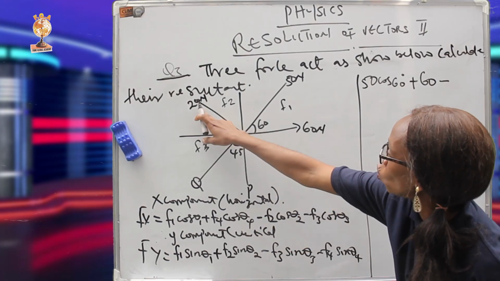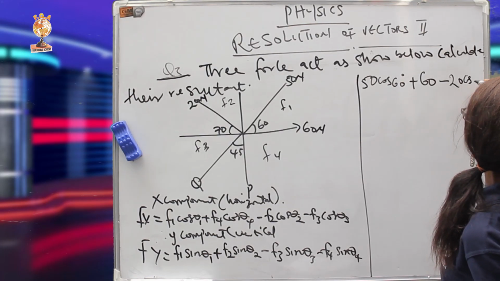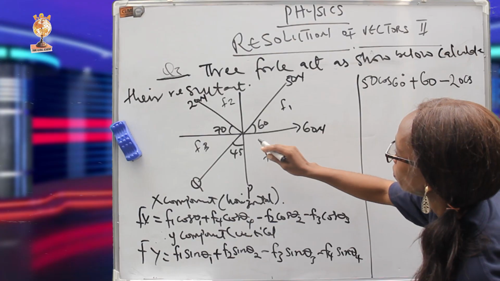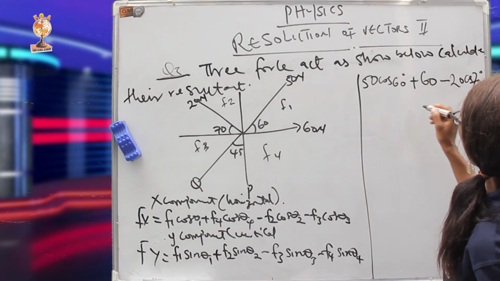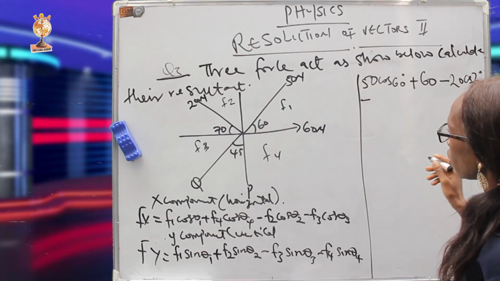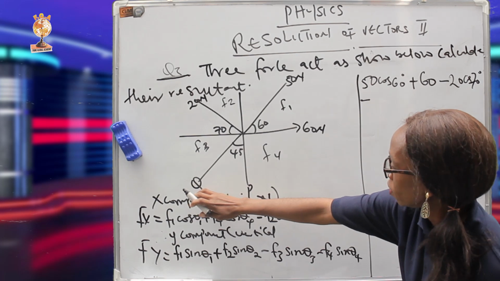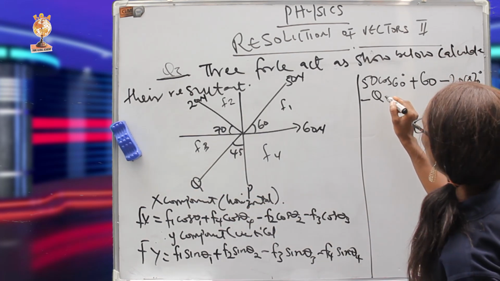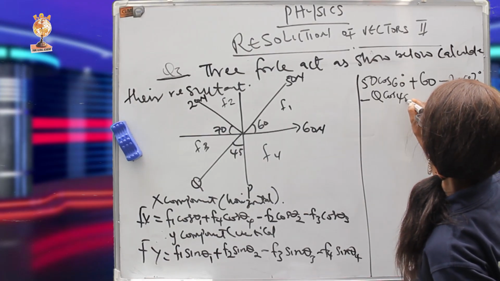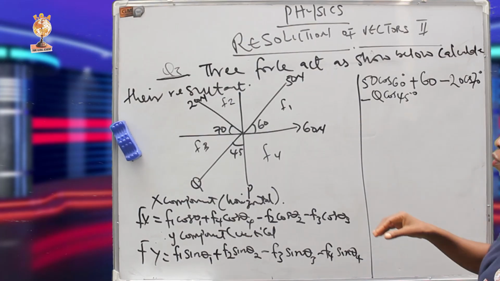Minus F2. What is our F2? 20. F2 is 20 cos 70 degrees, minus F3, which is given to us as Q, cos 45 degrees. Now let's put it in a straight line so that it becomes easy for me to solve.